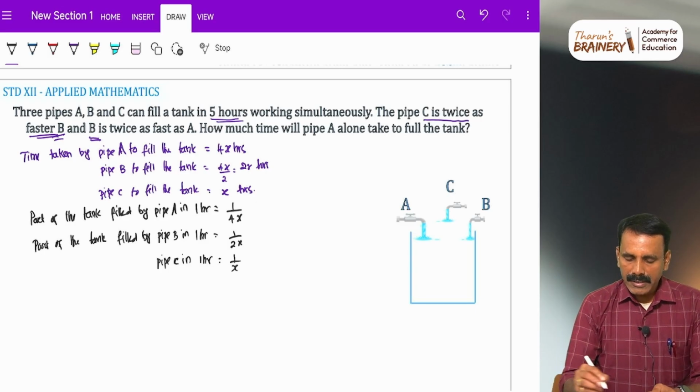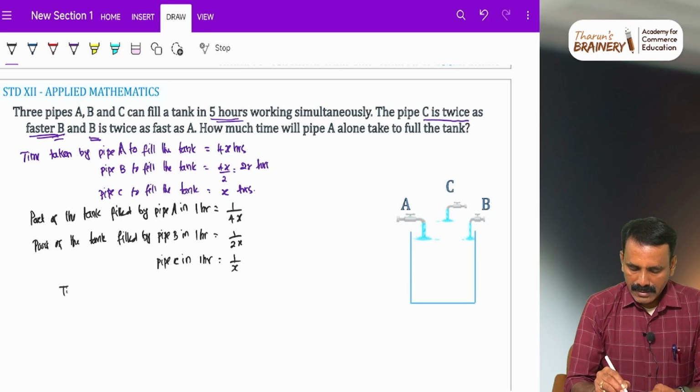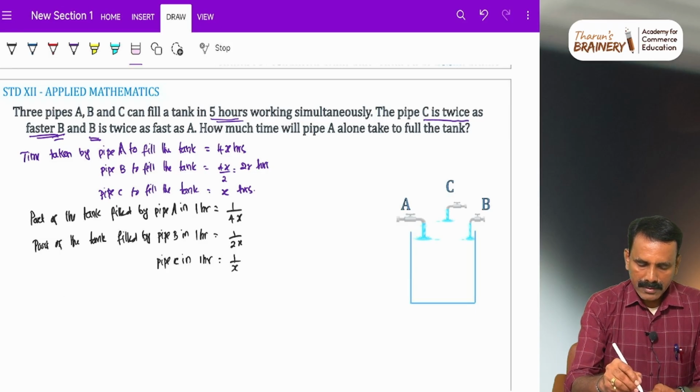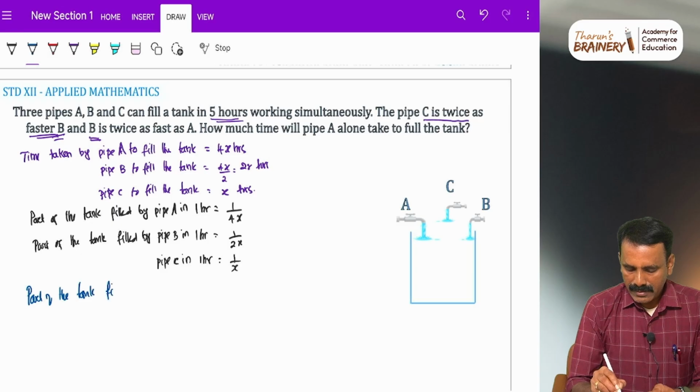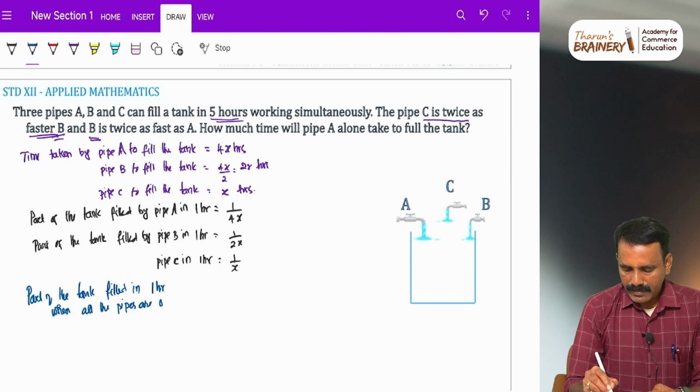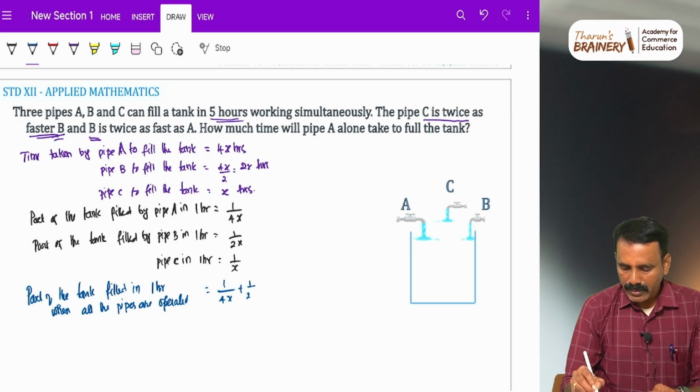When these 3 pipes are operated together, part of the tank filled in 1 hour when all the pipes are operated is equal to 1 by 4x plus 1 by 2x plus 1 by x.